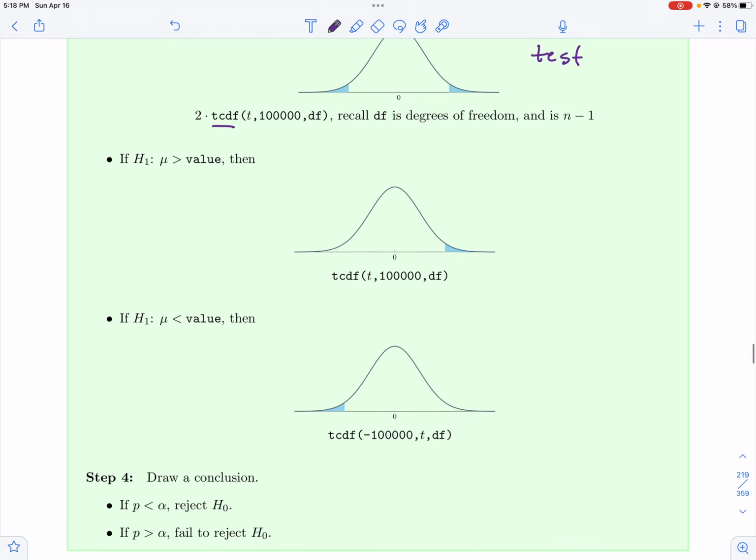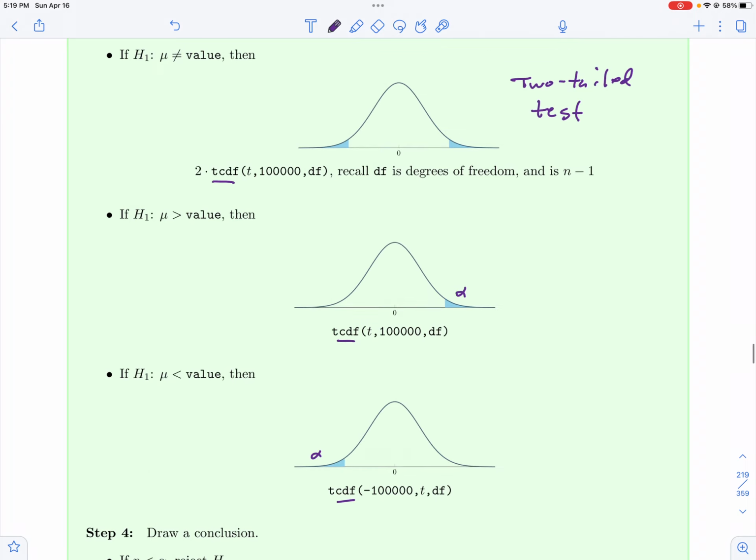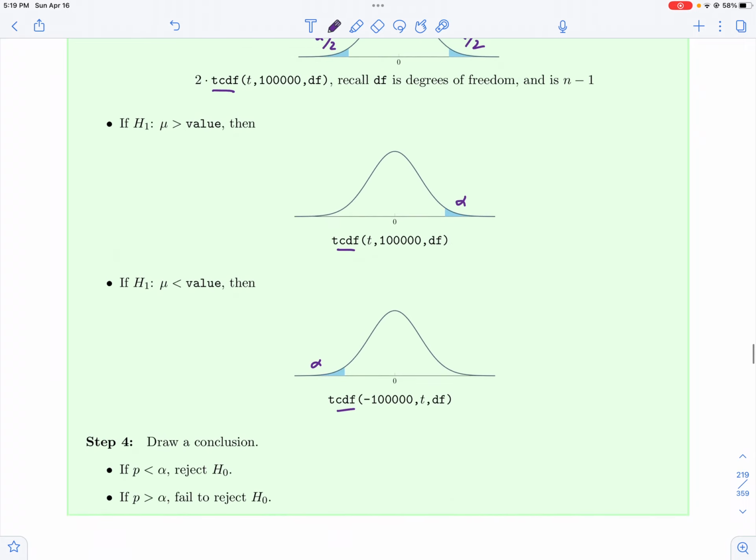And then for our greater than or less than, these are both one-tailed tests. And so we're just going to use regular old t-CDF, and then alpha will be in all of these areas, where in here, these are going to be our alpha over 2 for the equals, not equals case. All right, and then finally, drawing a conclusion, same as before.